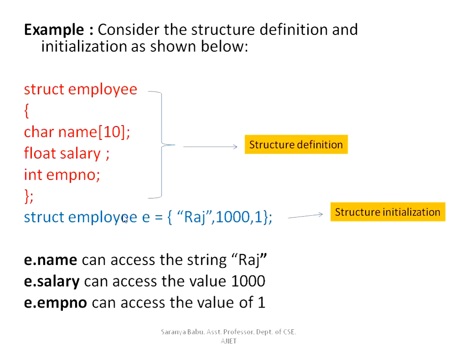Next, for the employee number, E dot EMP number. So if you want to access a value, you need to use the dot operator: variable name dot members.